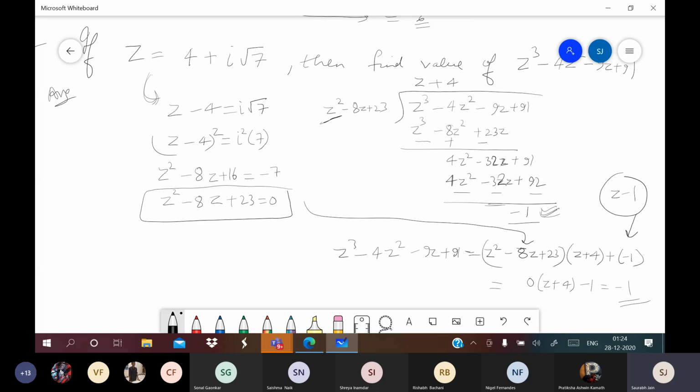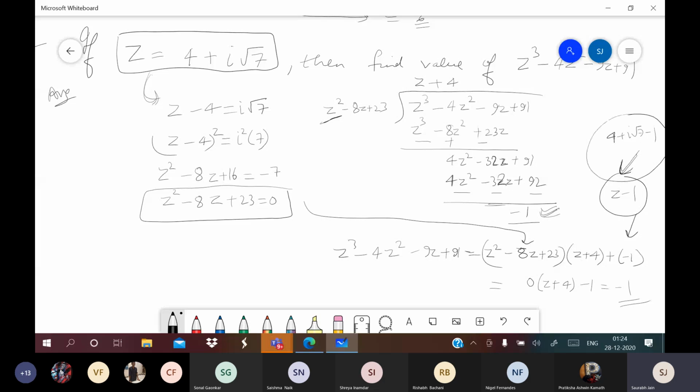But now you may ask, sir, what is the value? For that you will put the value of z once again here, right? If you are doing correct calculations and -1 is not there, you are getting something else. Suppose you are getting z minus 1 and division is also not possible, then that will be the answer, and in place of z you will be putting 4 plus iota root z minus 1.